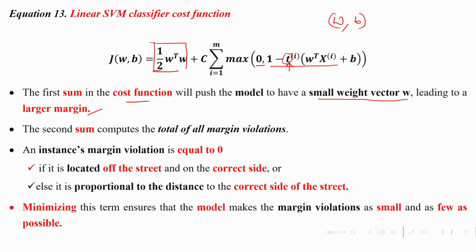Minimizing this term ensures that the model makes margin violations as small and as few as possible. So t plays an important role in finding the margin between these two hyperplanes.